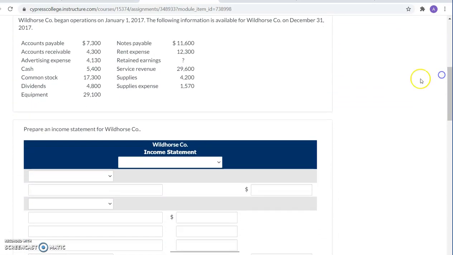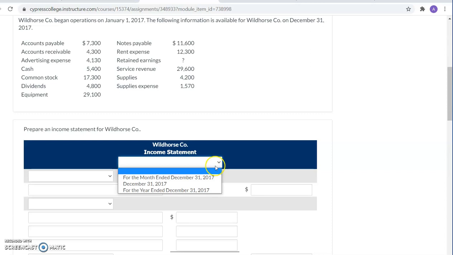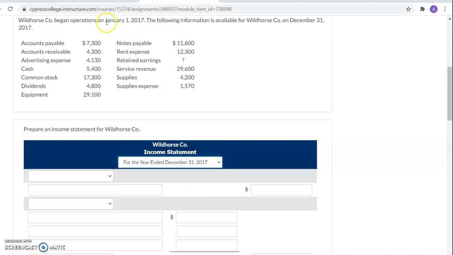So for the income statement, this is the first statement that a company would prepare, and this income statement is prepared for a period of time. So this company started on January 1st, 2017, and we're preparing the financial statements as of December 31st, 2017.